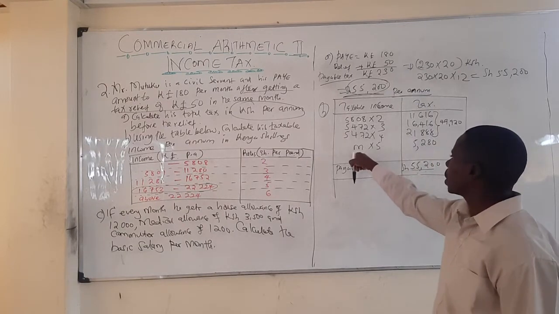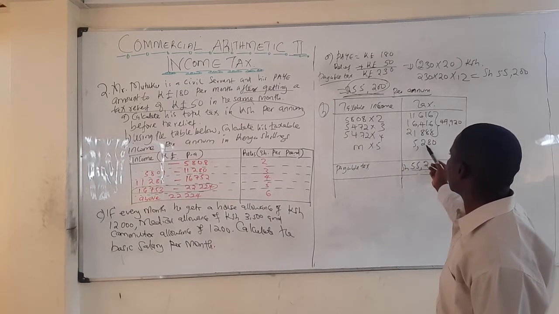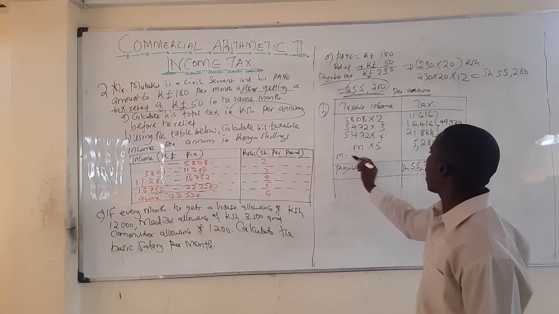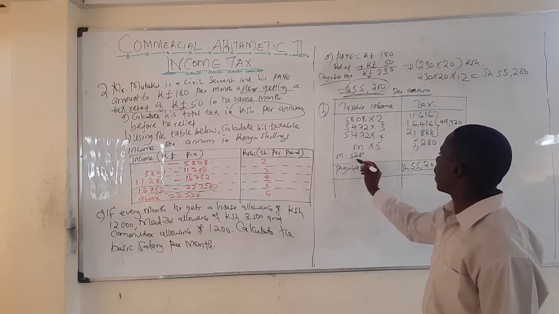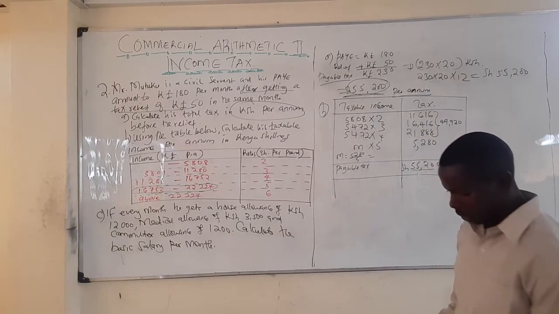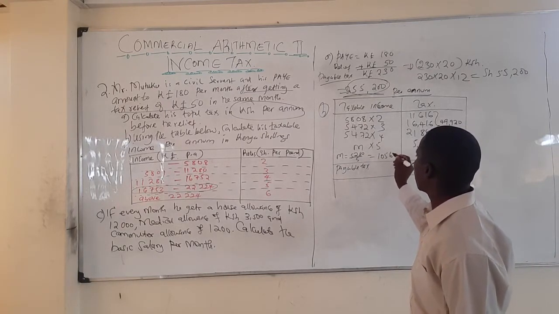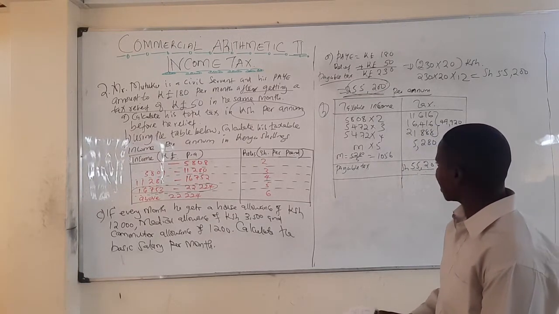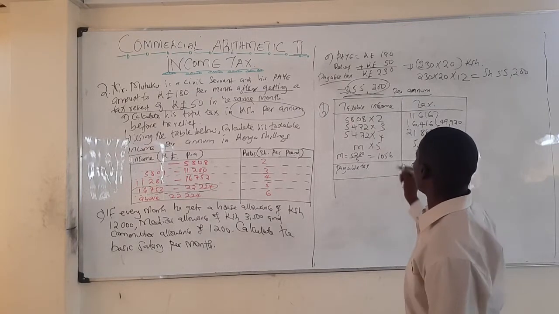We want to know the value of m. If m times 5 is 5,280, then m should be 5,280 divided by 5, and this is going to be 1,056.